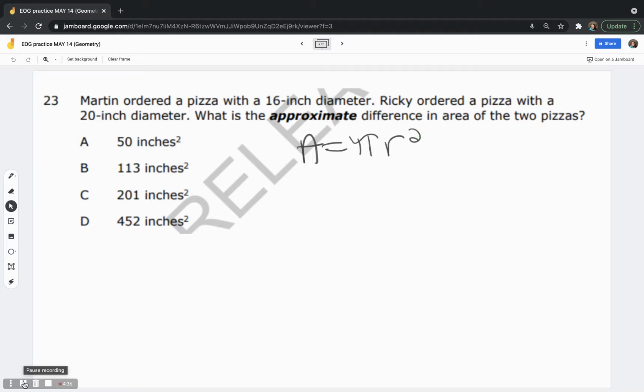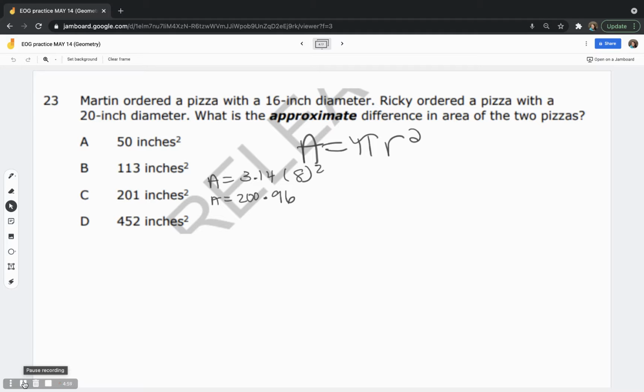So if the diameter is 16, and that's all the way across the circle, it means the radius is 8. So for the first one, we're going to do 3.14 times 8 squared. And that's going to give us 200.96.